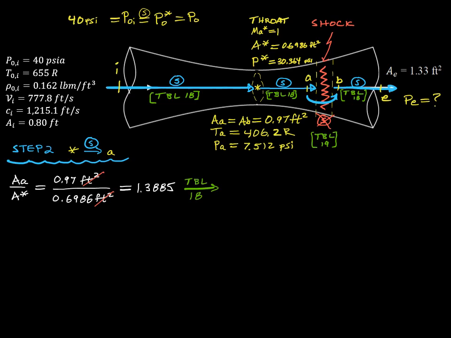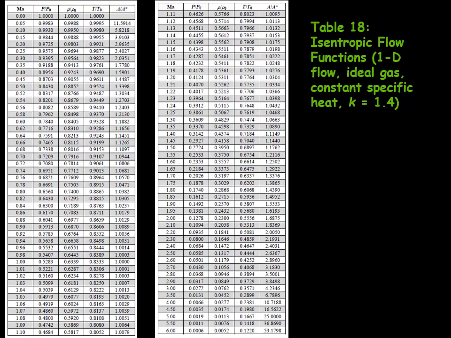That allows us to look into Table 18. We can see that 1.3385 lies somewhere between a Mach number of about 0.5 and 0.45, probably just under 0.5. It's pretty close to 0.5, so we could effectively assume it's about 0.5.